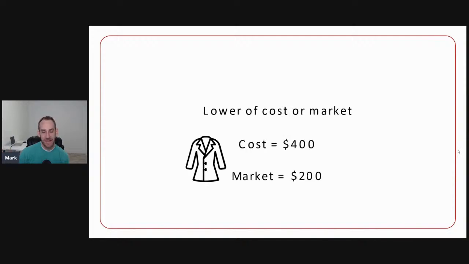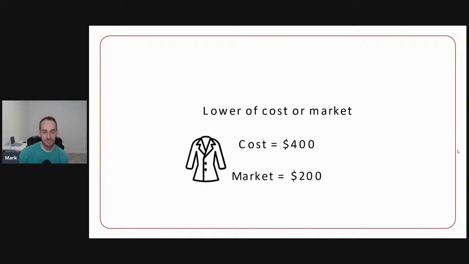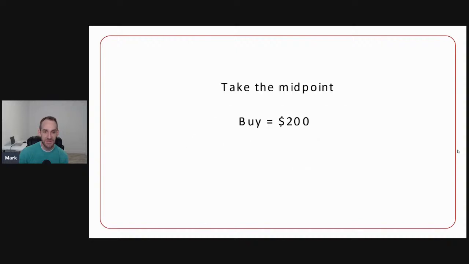So let's say the market value is $200. Let's say that you come up with that. Well, I don't know what I'm trying to say with that $200. I'd have to go back and watch the module.